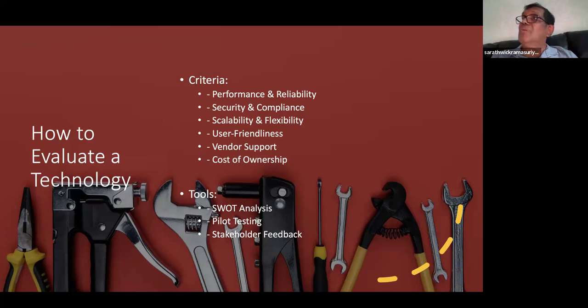Sometimes the technology at the point of buying is a very small amount, but maintaining it has a high software cost. You will have to bear many license fees, many regulatory requirements. Those things we will have to consider. And security and compliance. Most of today's technologies are internet based, or sometimes software applications.